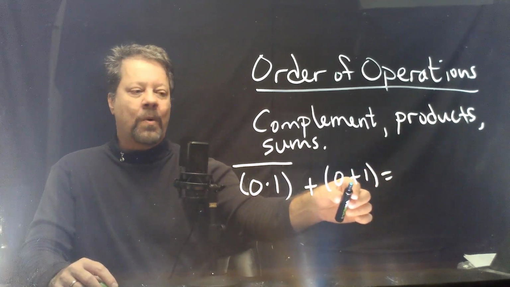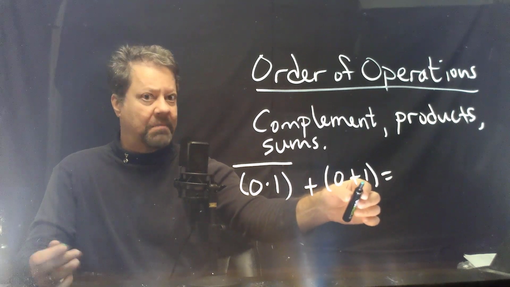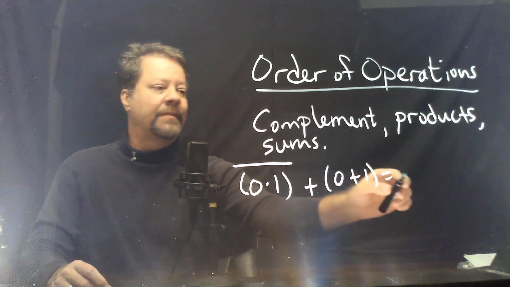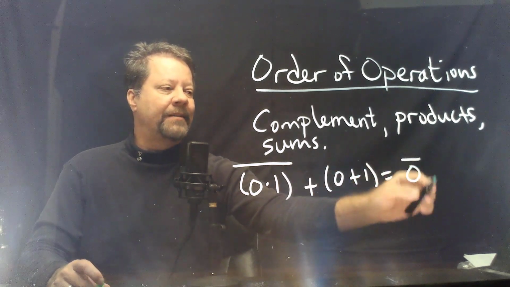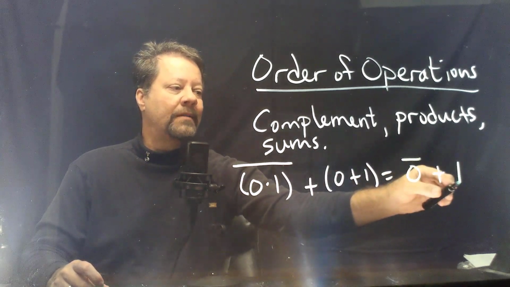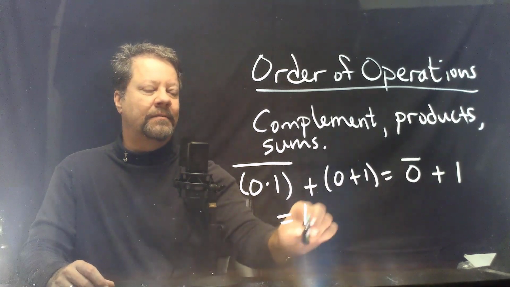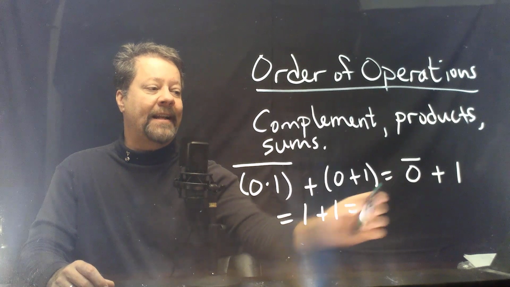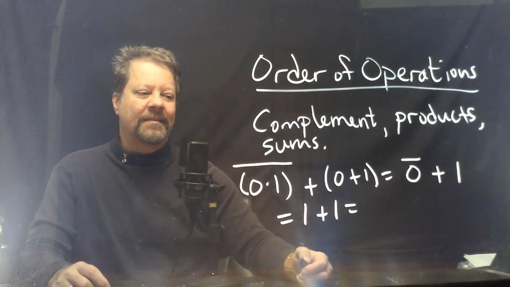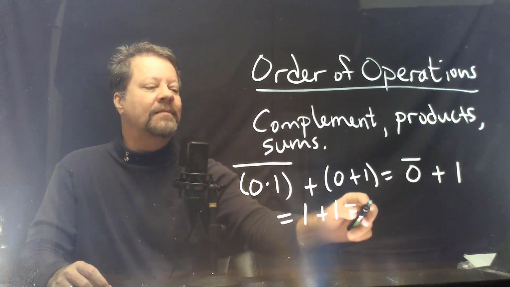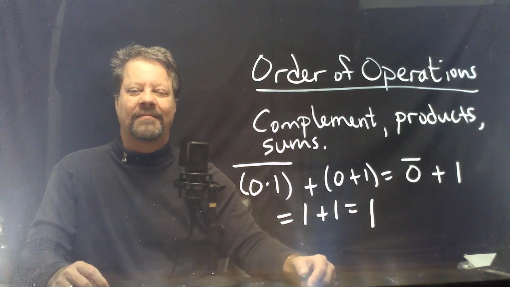Remember, this is an OR statement, so 0 plus 1 will be 1. 0 times 1 is 0. So we'll have 0 complement plus 1. Well, the complement of 0 is 1, and that has to go before the plus. And then 1 plus 1, 1 or 1, is 1.